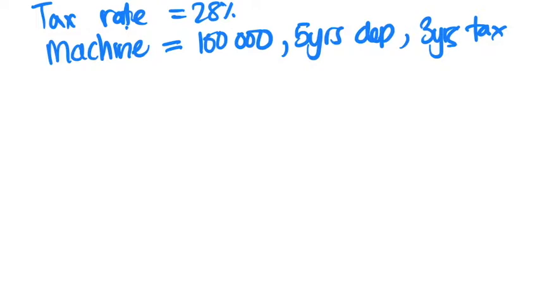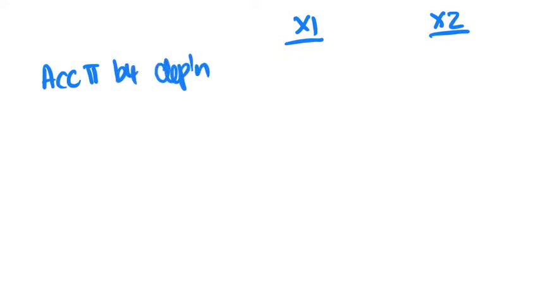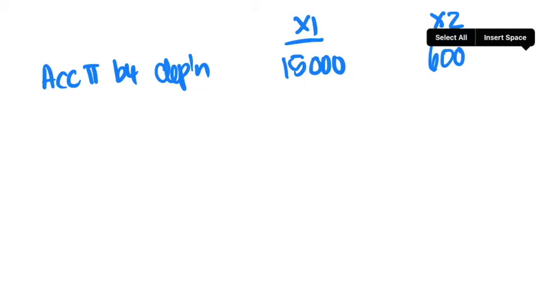Okay, so we're going to look at the financial year X1 and financial year X2. Okay, so for these financial years, let's imagine that the business has an accounting profit before depreciation of 15,000, and 60,000 in the second year.